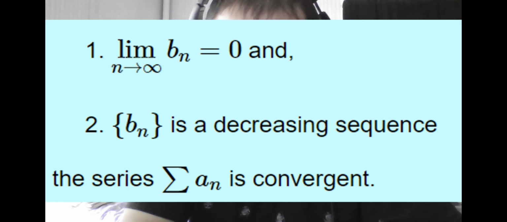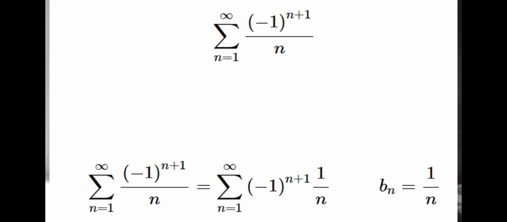With that out of the way, if we are asked to test if this series is convergent or divergent, we would do this by rewriting this as (-1)^(n+1) times 1 over n to get it in the format specified by the definition of the alternating series, taking the limit of 1 over n as it is our b_n, which as n approaches infinity, 1 over n approaches 0, and we next test if it is strictly decreasing, which we can see is true because 1 over n is always greater than 1 over n plus 1, because the denominator is smaller, the lower you are in the sum.